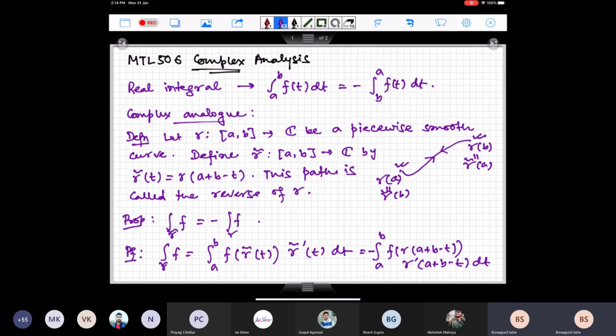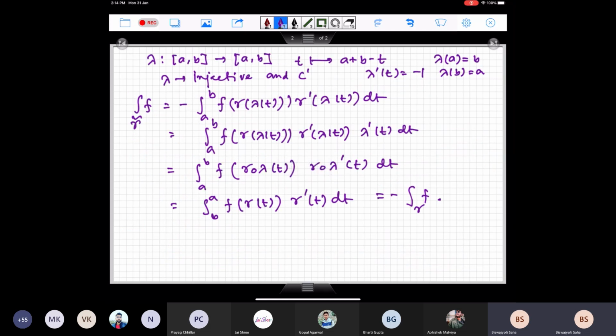Anyway, here I have a minus, and you can clearly see that this was gamma composed lambda prime t dt, and therefore I can write it as f of gamma t gamma prime t dt, provided, if I go back to the last lecture, not this one.